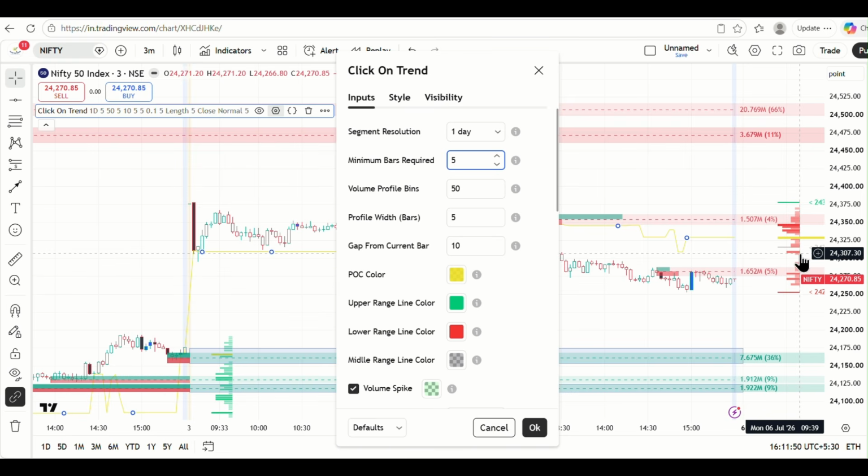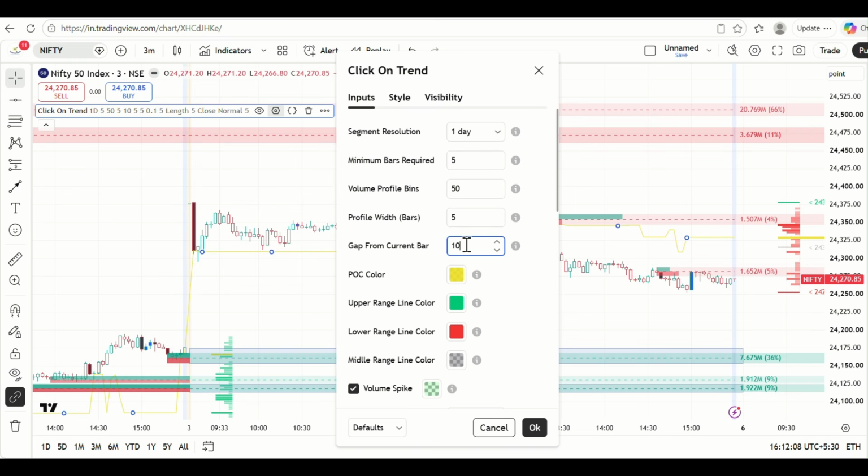Just for your information, volume profile is a paid indicator, or you need a paid version of TradingView to use it, but it is free inside this indicator, so there is no need for any extra premium.